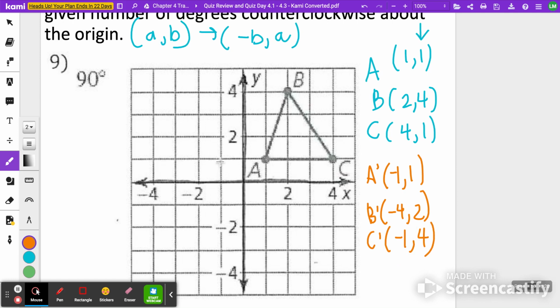So when we plot those points, A prime is (-1, 1), (-4, 2) is B prime, and C prime is (-1, 4) up here. So we see a 90-degree counterclockwise rotation there.